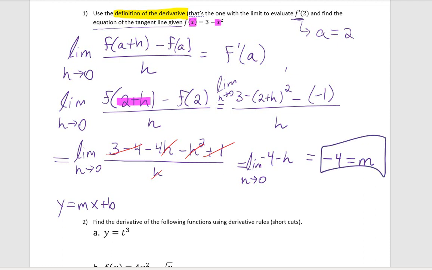My y value is what I'm going to get if I plug 2 into my original function. So that's going to be negative 1 equals negative 4 times 2 plus b. So let's see, that's going to give me negative 1 equals negative 8 plus b. So I will get y equals negative 4x. Let's see, if I want negative 8 plus b to equal negative 1, that would be plus 7.